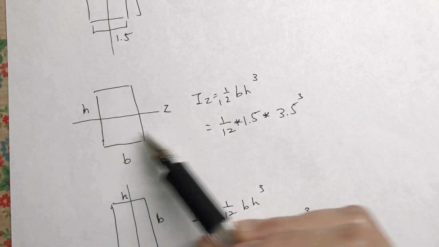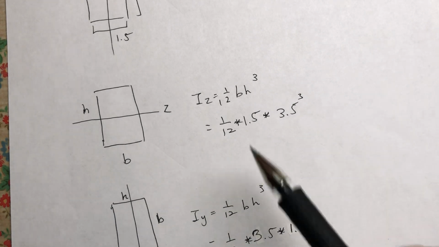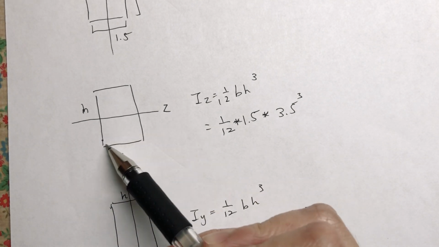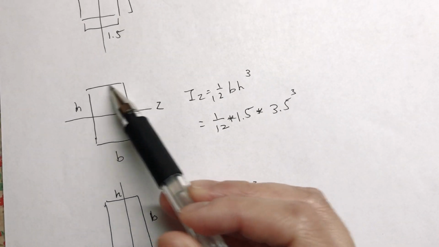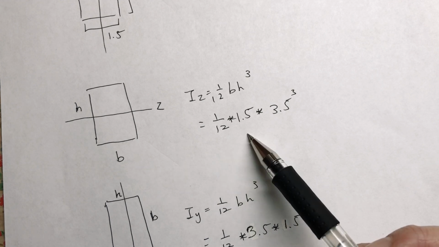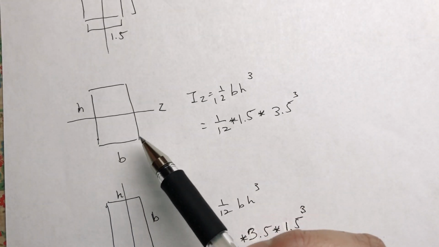About the z-axis, moment of inertia equals 1/12 bh cubed. When it's about the z-axis, the bottom and top are b, the left and right are h. So that's 1/12 times 1.5 times 3.5 cubed.